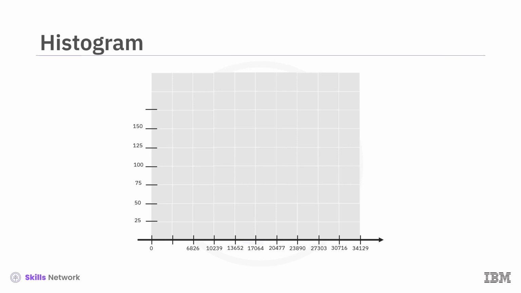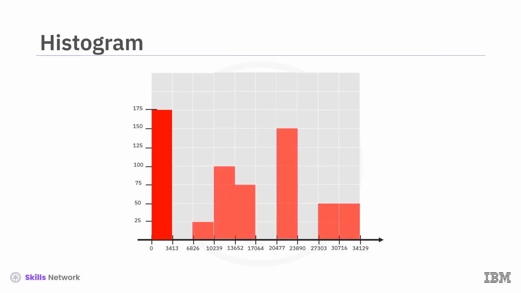Say the number of data points that have a value between 0 and 3,413 is 175. Then we draw a bar of that height for this bin. We repeat the same step for all the other bins. And if no data points fall into a bin, then that bin would have a bar of height 0.